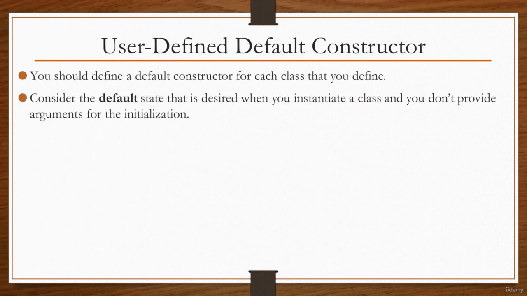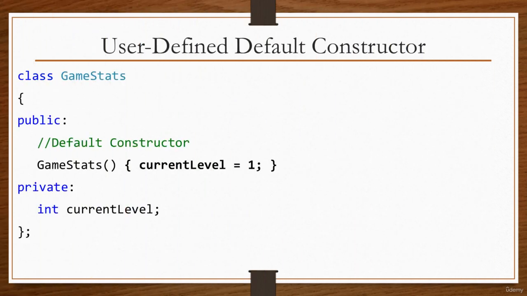And that brings me to user-defined default constructors. Now, it's best practice that you should define a default constructor for each class that you define, and you do that by considering the default state that is desired when you instantiate a class and you don't provide arguments for the initialization. So here's a quick example, as we had it before, basically, minus one or two member functions. So in the public section, I have the default constructor. Again, the name matches that of the class name, so it's GameStats parentheses.